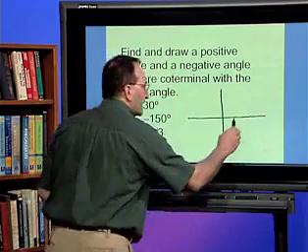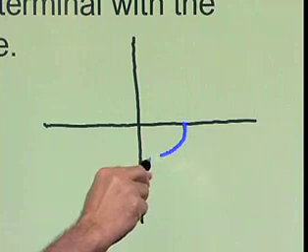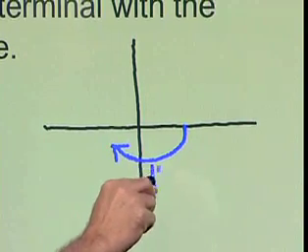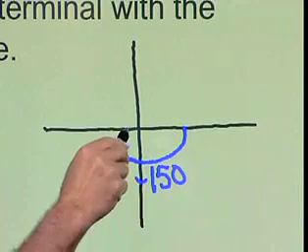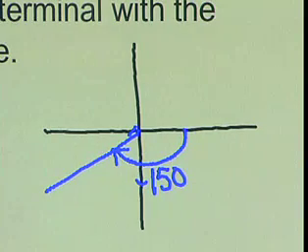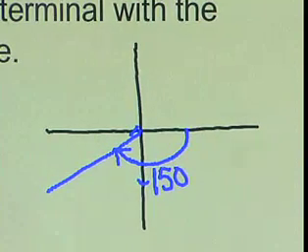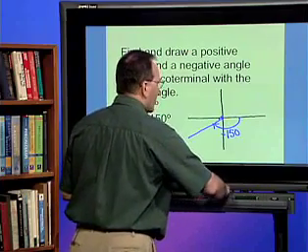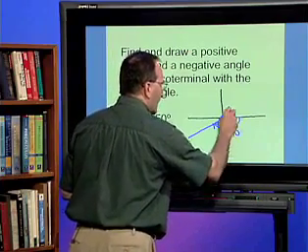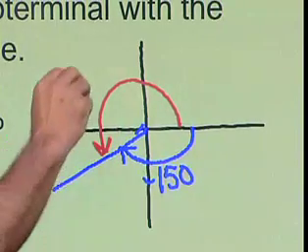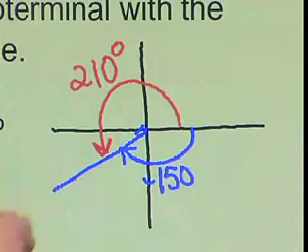Negative 150, so I start on the positive x-axis and I come this way 150 degrees. So that's my terminal side of the angle. I'm interested in a positive angle, so I would start here and come around this way, and that would bring me 210 degrees.